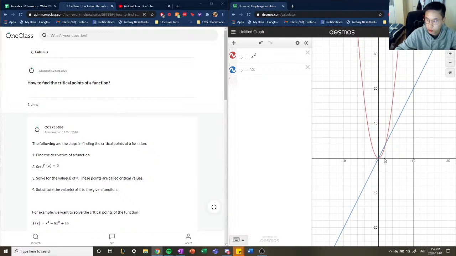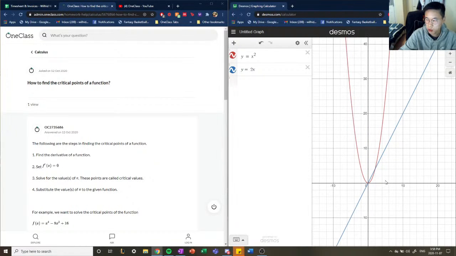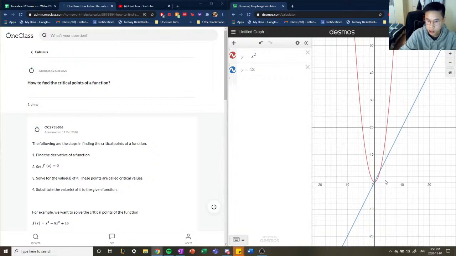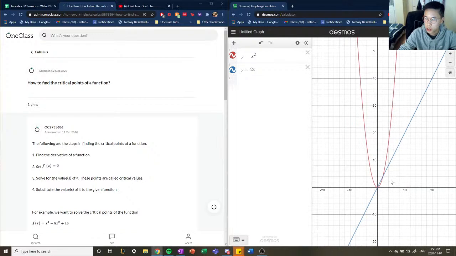What these critical points tell us is that at these critical points, the slope, or the behavior of the original function, is 0. That means it's not increasing, it is not decreasing. And these points are of great interest, because there's a lot of ways that we can apply the critical values to different kinds of mathematics.